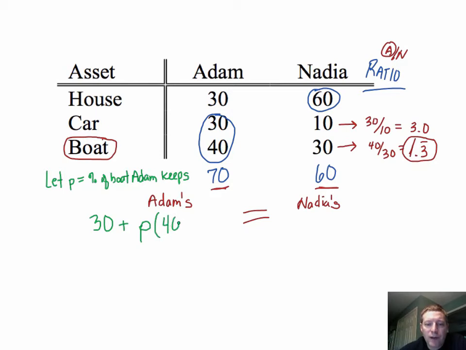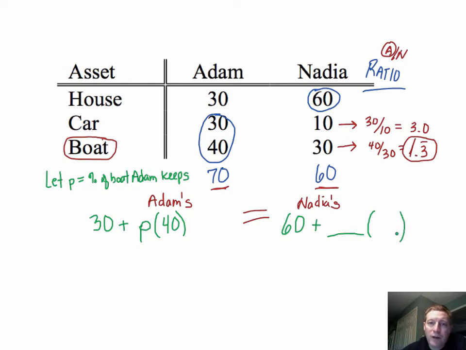He has all 30 points from the car, and then he's going to have a percentage of the 40 points from the boat. And then that is going to be equal to Nadia's stuff. Nadia, remember, got the house free and clear, so Nadia has 60 points. But she's also going to have a proportion or percentage of the boat.